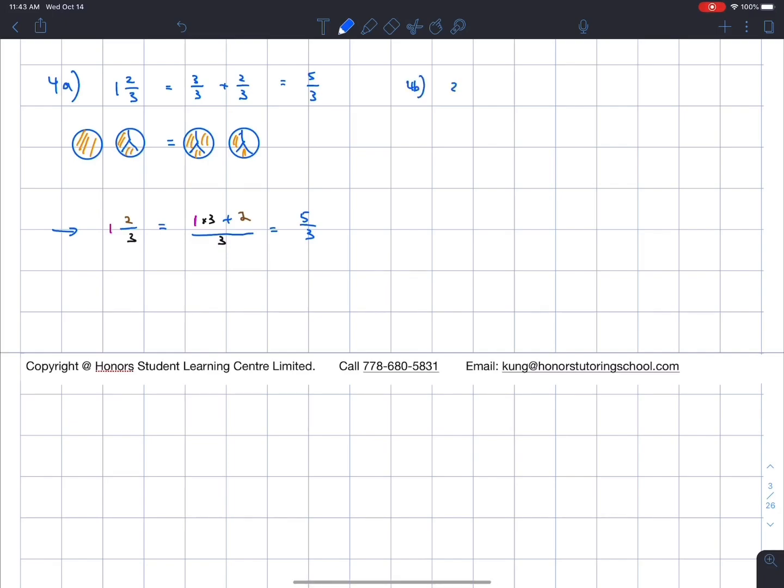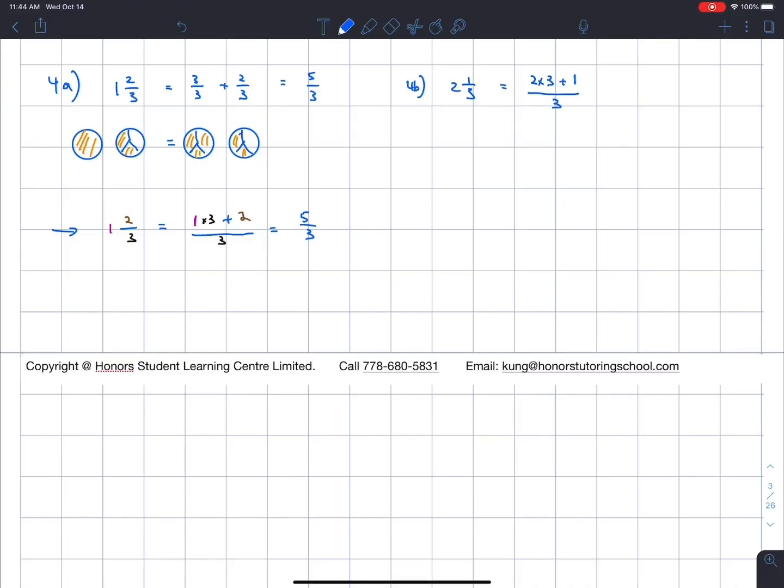For B, 2 and 1/3. So same idea, I can use the whole number 2, times the denominator 3, because in each 1 whole, we are going to get 3 pieces, because the denominator is 3. And then just adding 1, which is the numerator, because we are going to get 1 extra piece from the 1/3, and the denominator remains the same.